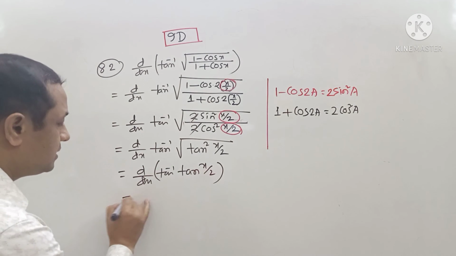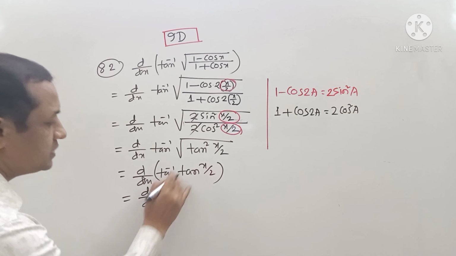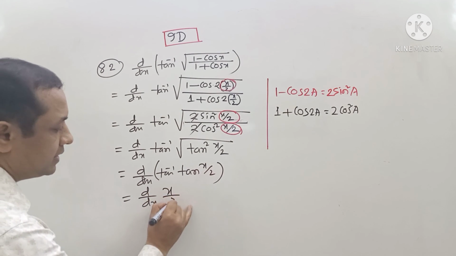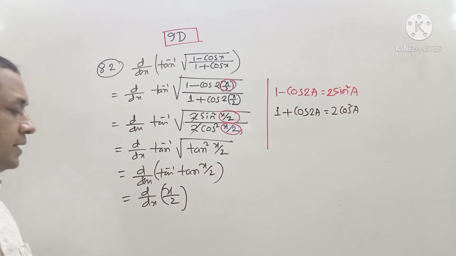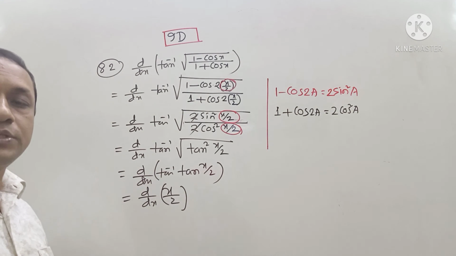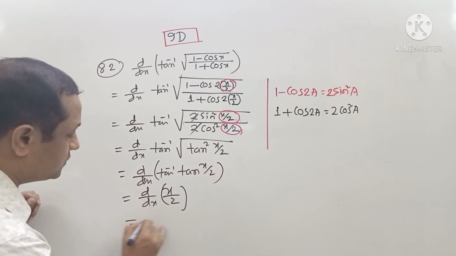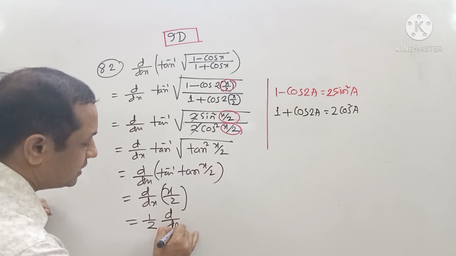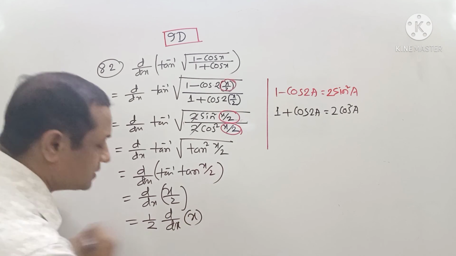Here tan inverse tan x/2 means x/2. Here 1/2 is a constant, so take it to the first position. So we can write 1/2 d/dx of x.